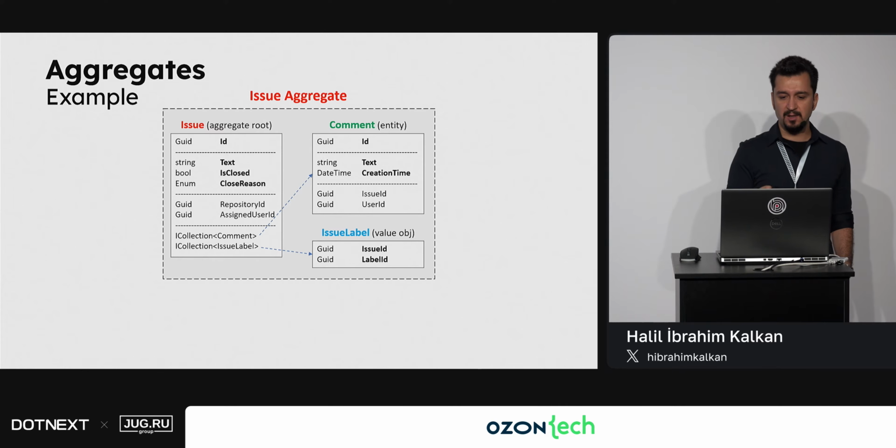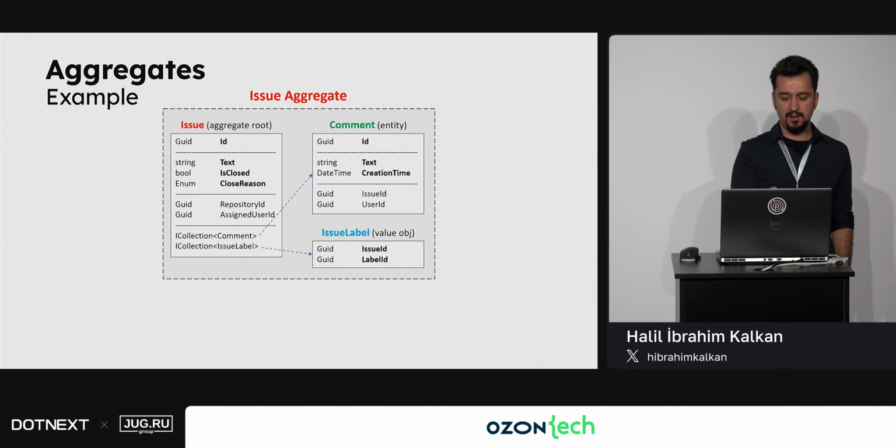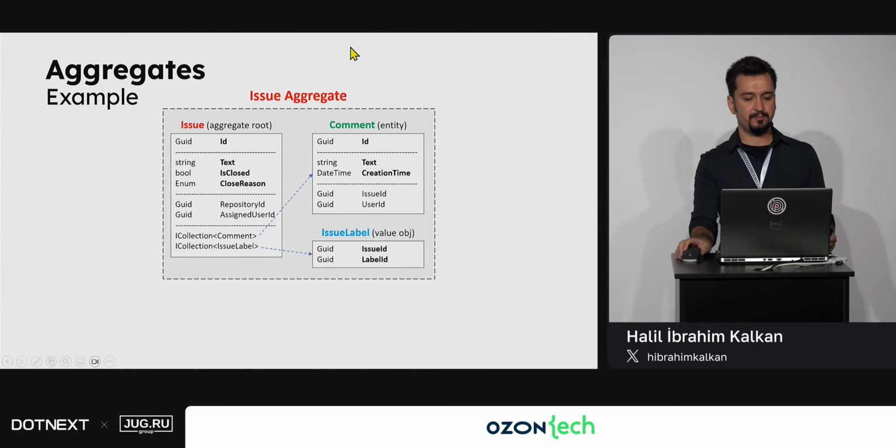And when we model it with aggregates and entities, we have an issue aggregate here. In the issue aggregate, we have the issue as an aggregate root. You see we have a closed boolean, text, close reason, an assigned user ID, a collection of comments, and a collection of labels.